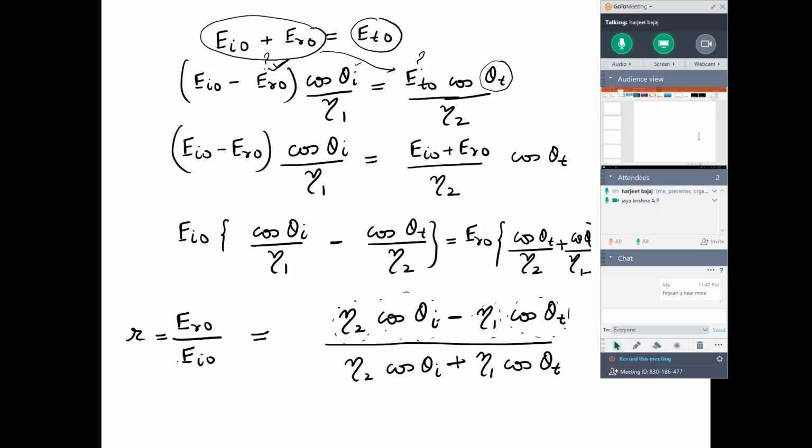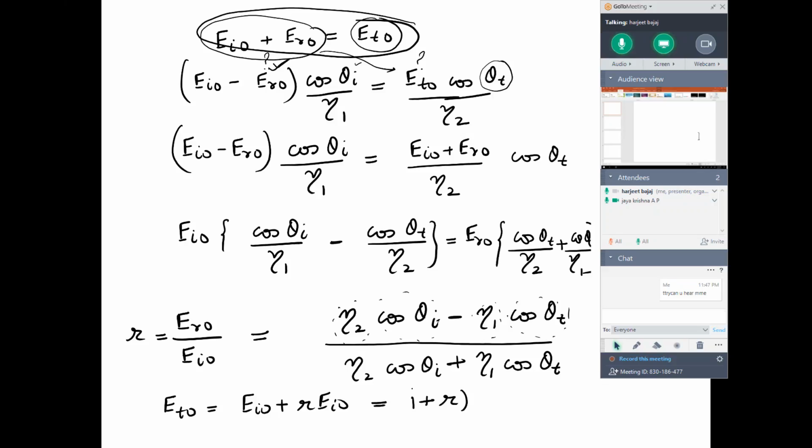Similarly, once I substitute this, what you notice here from that equation is Eₜ₀ is now Eᵢ₀ plus r times Eᵢ₀. So you get the same expression we had gotten before, that my transmission is dependent upon 1 plus r. So this is 1 plus r Eᵢ₀.